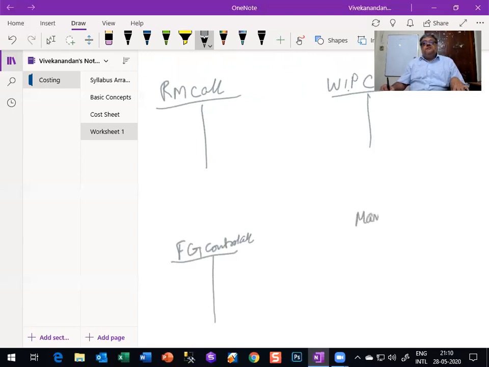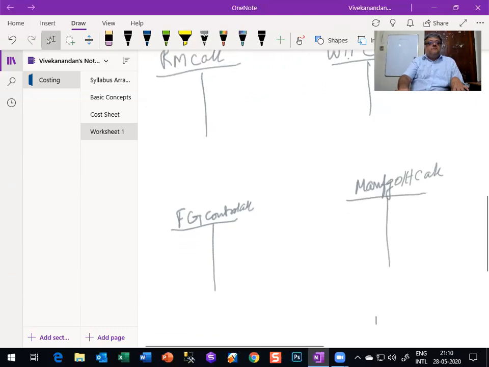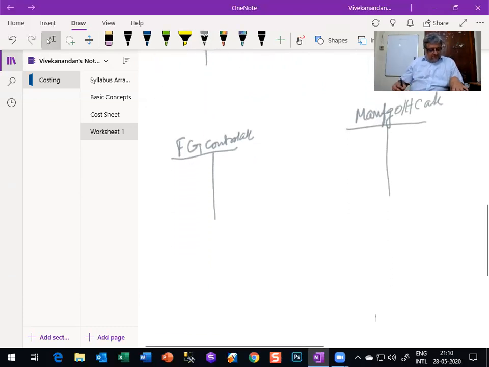Manufacturing overheads control account. Cost ledger, or probably I want to maintain uniformity, so I call it the general ledger control account. So let's put it as general ledger control account.